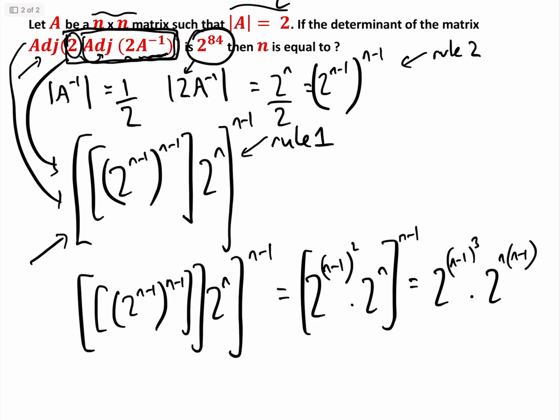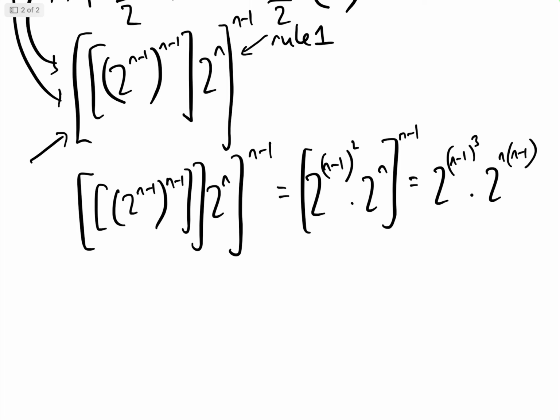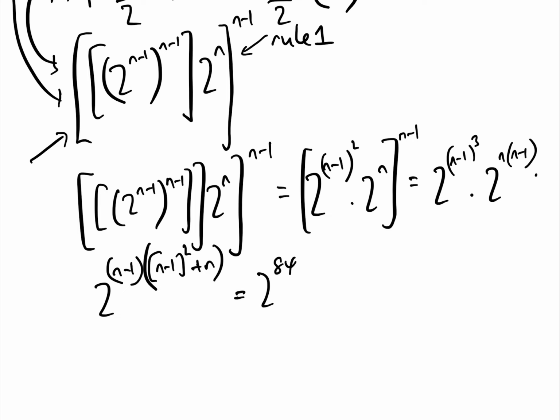So what we're going to do in a minute, let's just keep simplifying this. So we know therefore that 2, let's just take n minus 1 out here, n minus 1 squared, add n, so 2 to the power of that equals 2 to the power of 84 from the question, and therefore we know that n minus 1 times n minus 1 squared add n must equal 84, just comparing the powers.